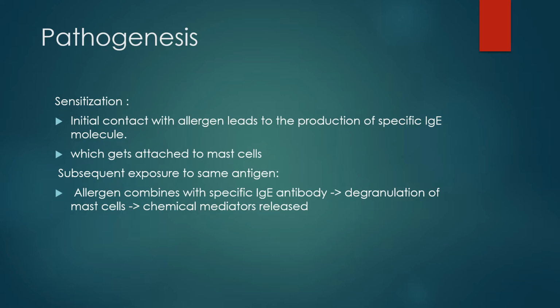Now, this reaction produces degranulation of the mast cells, and there is release of several chemical mediators, some of which already exist in the preformed state, while some others are freshly synthesized. These mediators are responsible for the symptomatology of allergic rhinitis. Now, depending on the tissues involved, they cause different symptomatology.